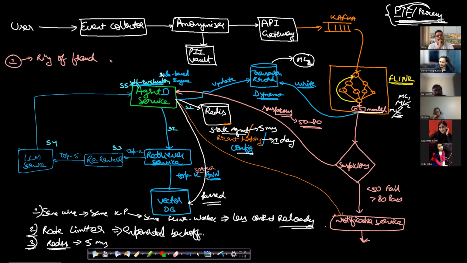Fraud ring means some people who run this fraud as a business. In India you will find a lot of those groups and companies that maintain something like a call center and keep calling and doing all these kinds of scams, right? So some kind of ring can be present.